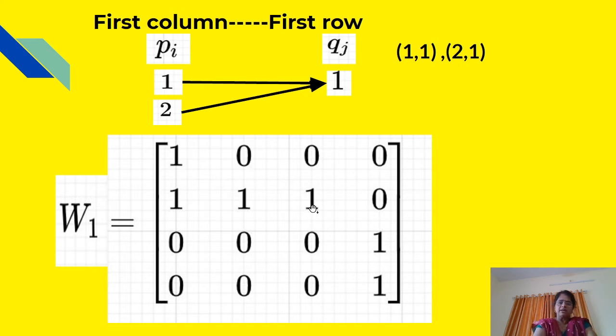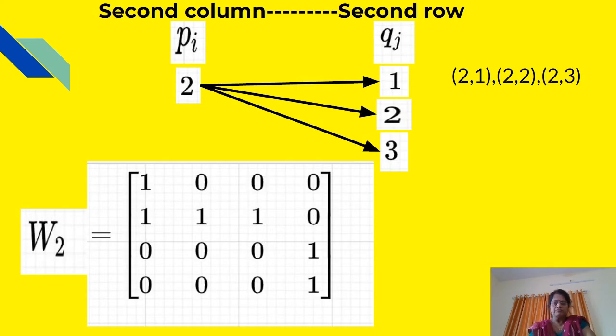Therefore, our Pi and Qj will be, Pi is 2 and Qj is 1, 2, 3, and therefore 2 1, 2 2, 2 3, these pairs will be created. But you can see that already there are 1s at these places. Therefore, W2 will be as it is W1. There will not be any extra additions of 1s.